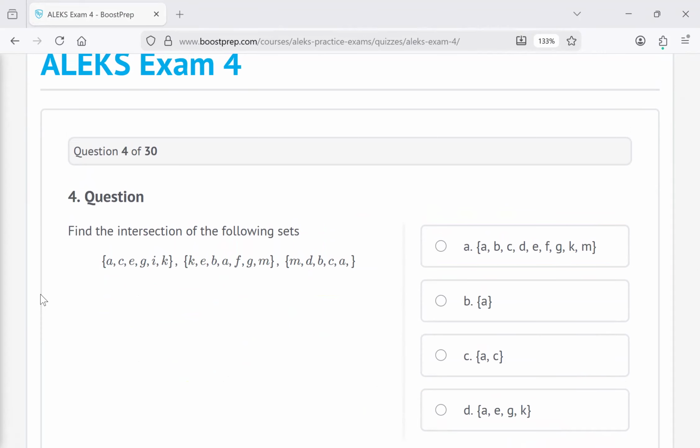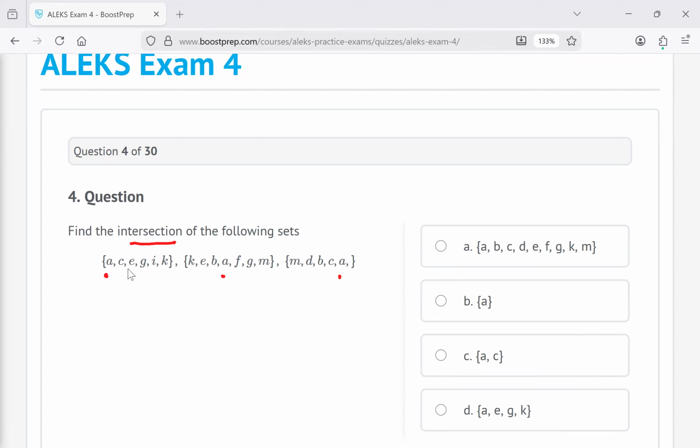Question 4 says find the intersection of the following sets. So what you have is A, C, E, G, I, K; E, B, A, F, G, M, N; D, B, C, A. So when we say intersection, you have to figure out which of these values comes in all the sections. We need something that's in common. The only thing that is common for everything, I believe, is A, because you have an A here, you have an A there, and you have an A here.